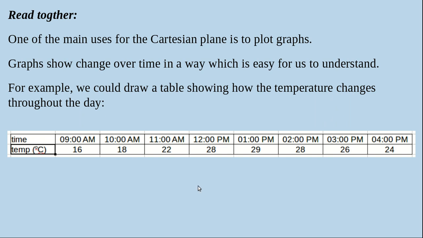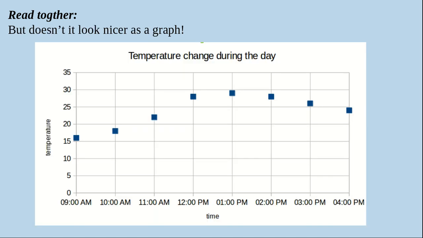And you can get an idea reading this table how temperature changes throughout the day, but humans are very visual creatures, and you'll get a much better idea if you put it into a graph. You can get a very intuitive, very quick picture of that. So that's what we're going to be working on today.